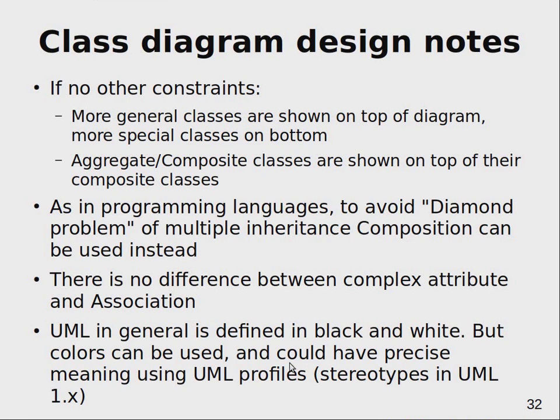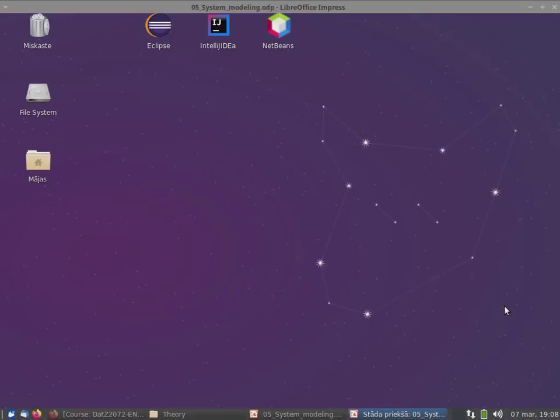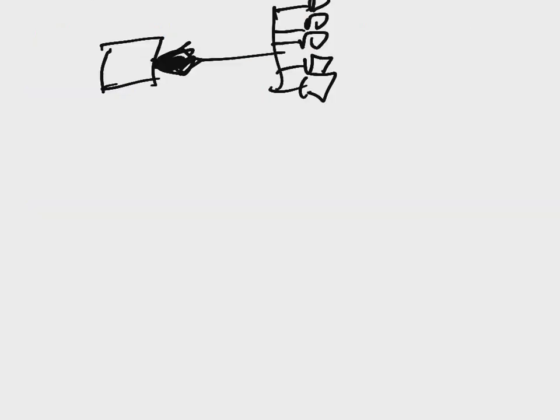And then there are more details about UML. I will not go into it, but there are things called stereotypes and profiles. A stereotype is in general just a badge which you can assign to a class. Like you have customer, and you can add a badge like interface.